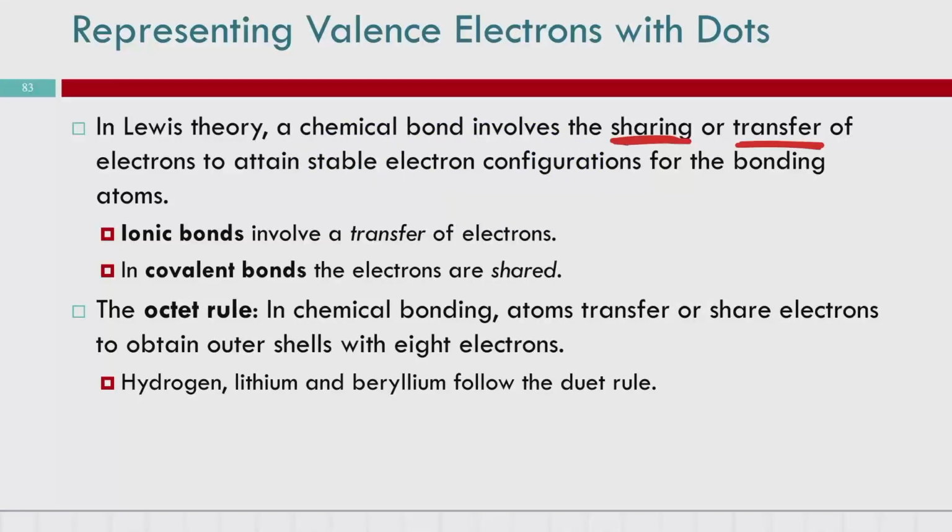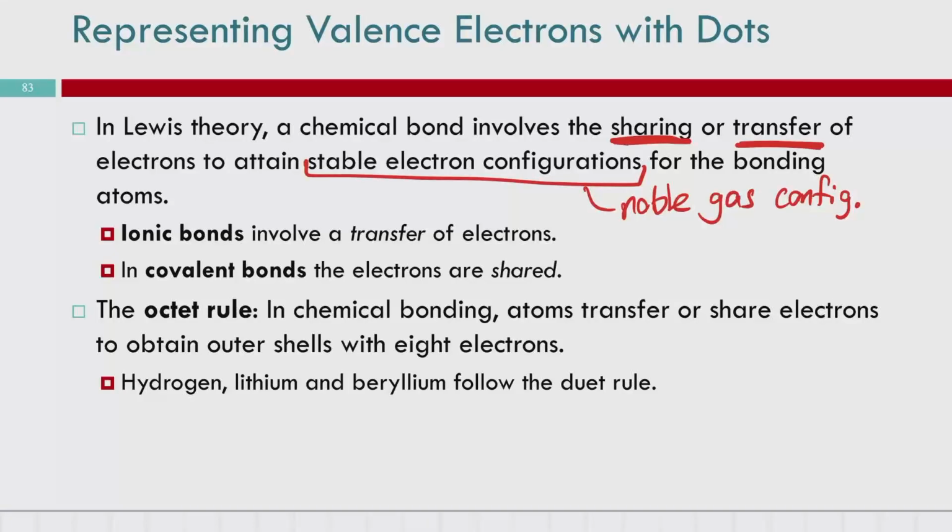What's the stable electron configuration? Eight electrons, noble gas configuration. That's the goal for bonding.